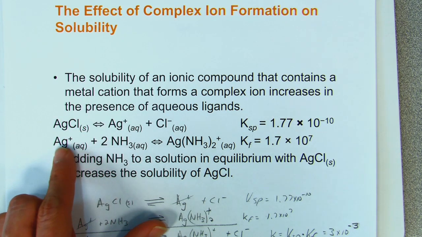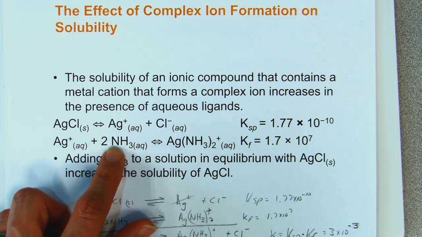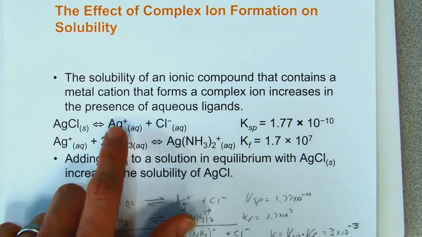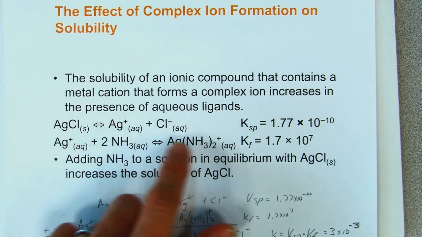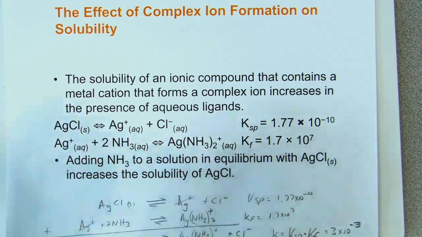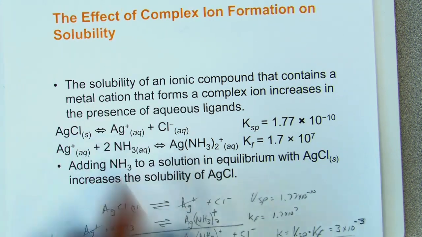The reason why is because the silver, once it's produced, can react with the ammonia to form this complex ion. This complex ion is not the same as this ion. They're two different substances. So if we make this, it basically sequesters away or stores the silver ion, pulls it out of solution, thereby solubilizing more silver chloride.